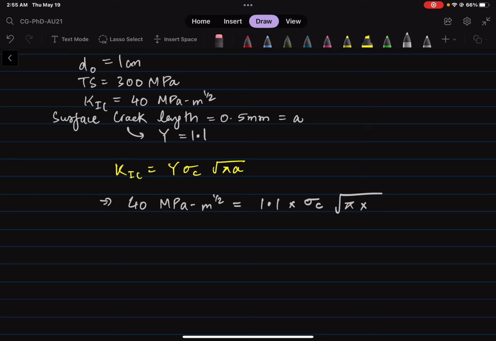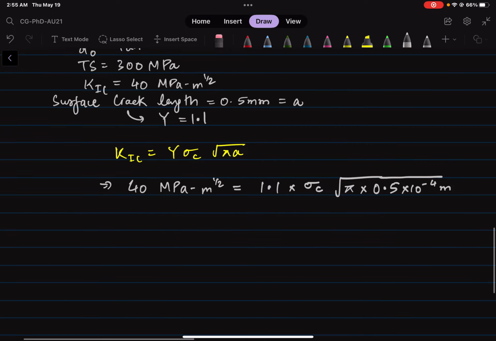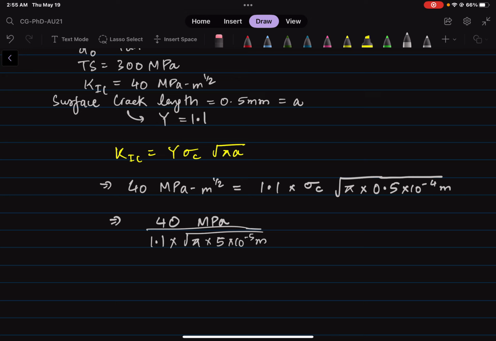Let's keep the a in millimeters for now. Or let's convert that to meters. So 0.5 into 10 to the power minus 3 meters, and all this is under the square root. So when you solve this, you will get 40 megapascals meter square root divided by 1.1 into square root of pi times 5 into 10 to the power minus 4 meters, and that equals sigma c.